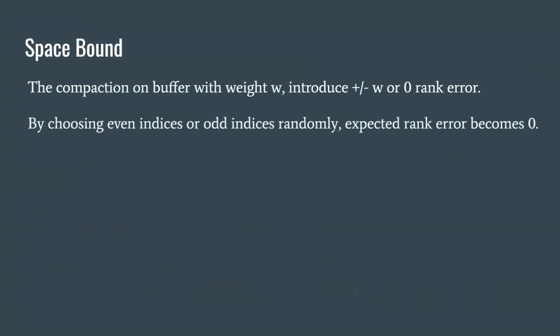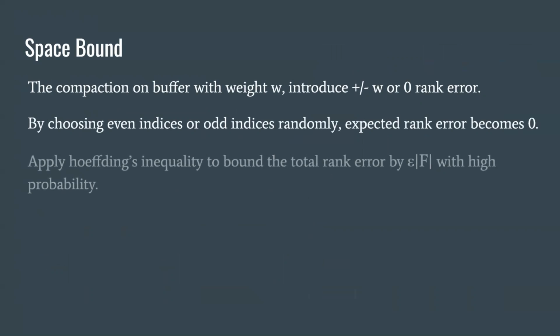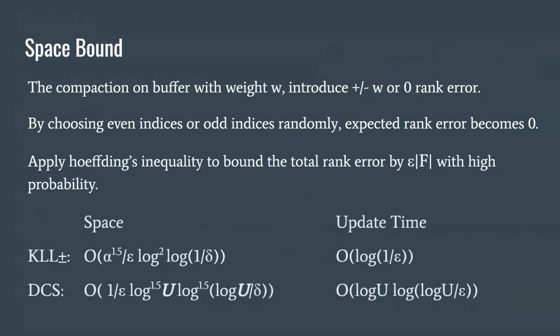So what are some benefits of operating in the bounded deletion model? One important benefit is that KLL plus minus does not rely on the assumption of a bounded universe and leads to a smaller space bound and faster update time compared to sketches in the turnstile model.